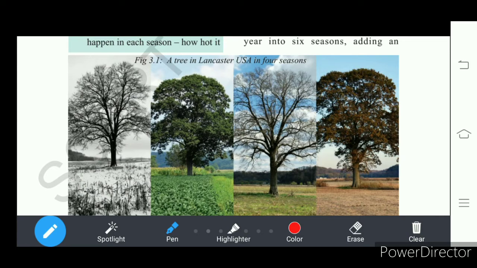Though summer, monsoon, winter are the seasons India experiences, in the winter season we see that there is not much cool in Tamil Nadu or Kerala, right? Because it is near to the equator.